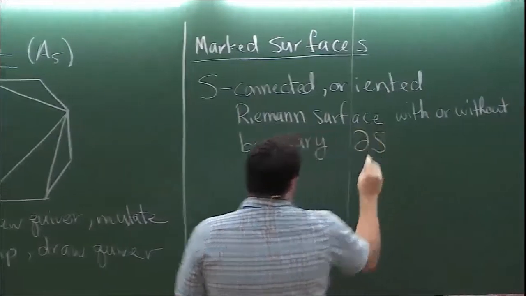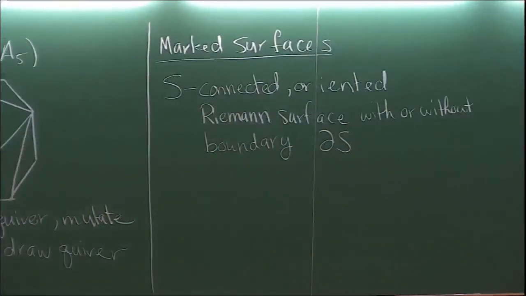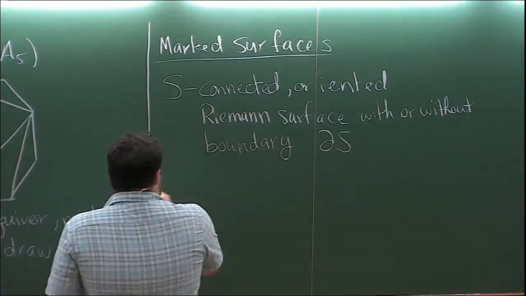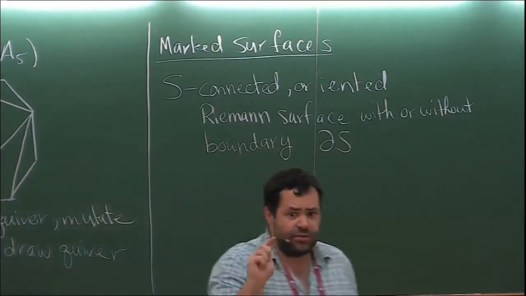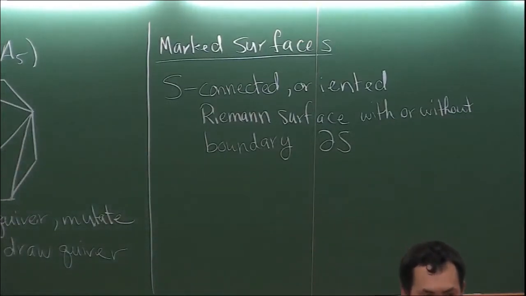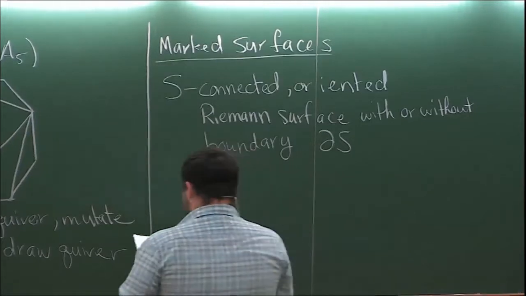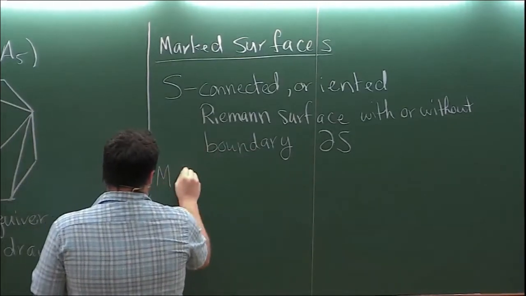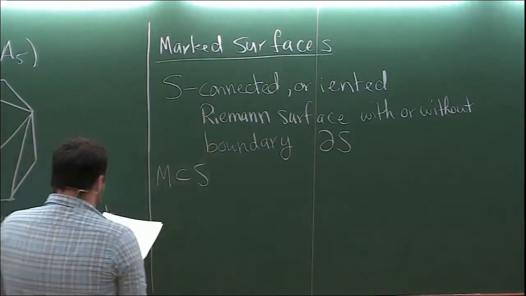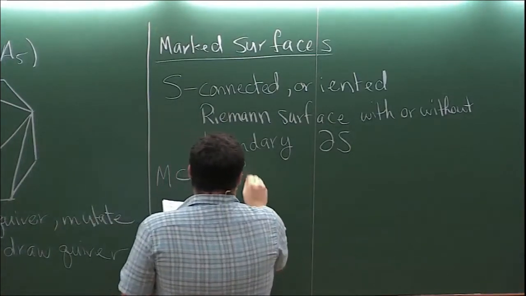And the boundary I'll write like this: partial S. That's the boundary of my surface. And inside this surface, I'm going to have a bunch of marked points, special points on this surface that I'm going to call marked points. So this is going to be the set of marked points, which is a finite set.